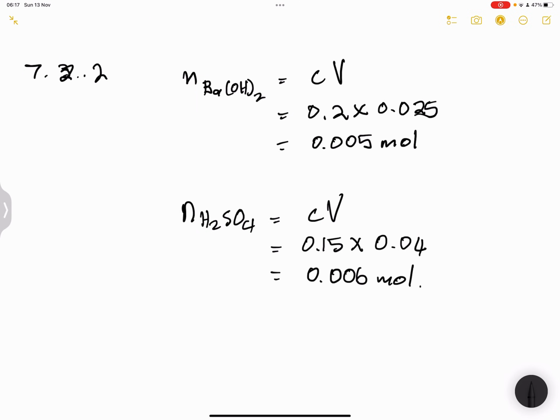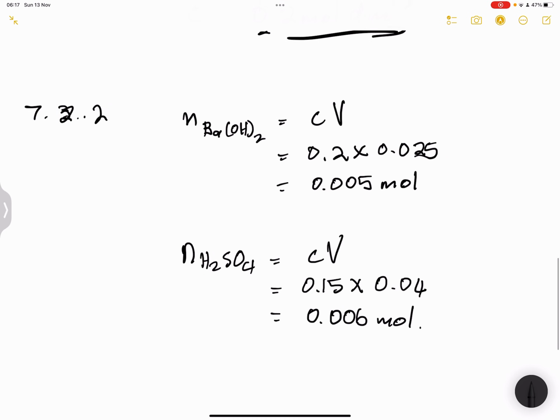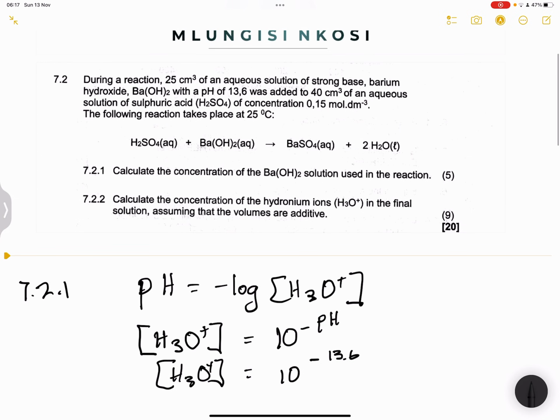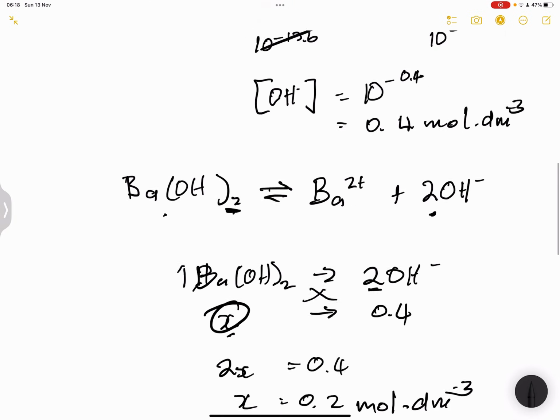Now, from the question, it's assumed that we're going to have hydronium ions in excess. What is that telling you? It means that sulfuric acid is in excess of barium hydroxide.